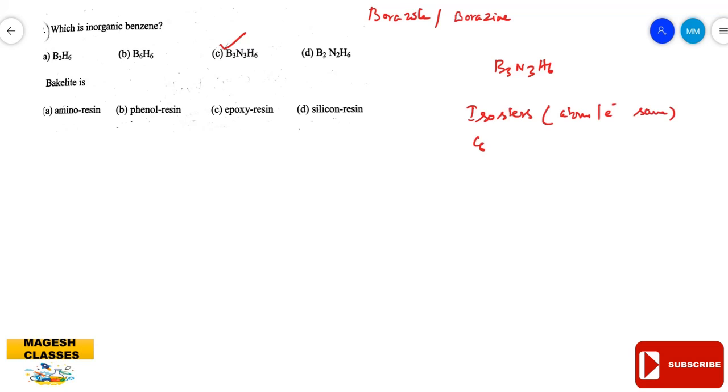For example, in case of benzene, how many atoms are present? 12 atoms are present, and the total number of electrons is 42. So 6 electrons from each carbon atom, 36, plus 6, 42 electrons. You can count the number of atoms and electrons also: 42 electrons and 12 atoms. And so these pairs are called isosteres.